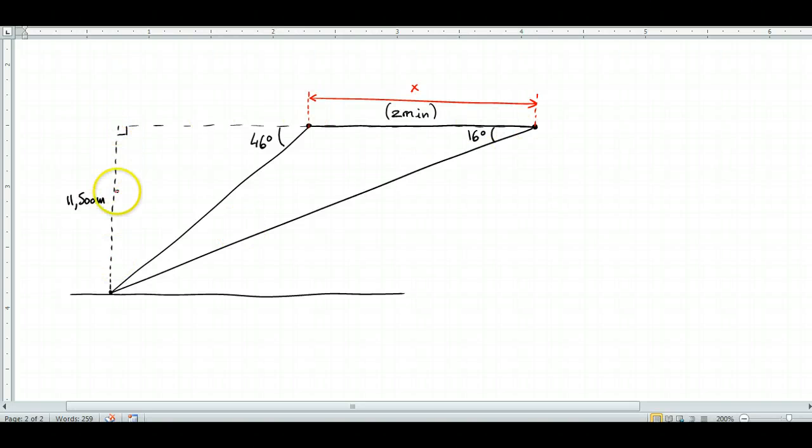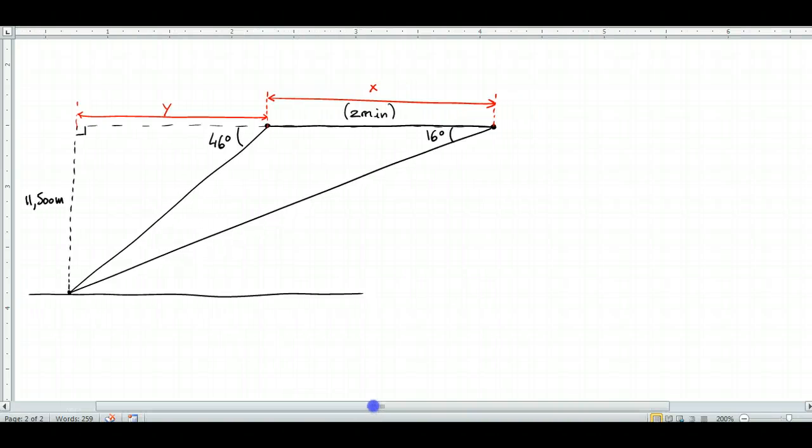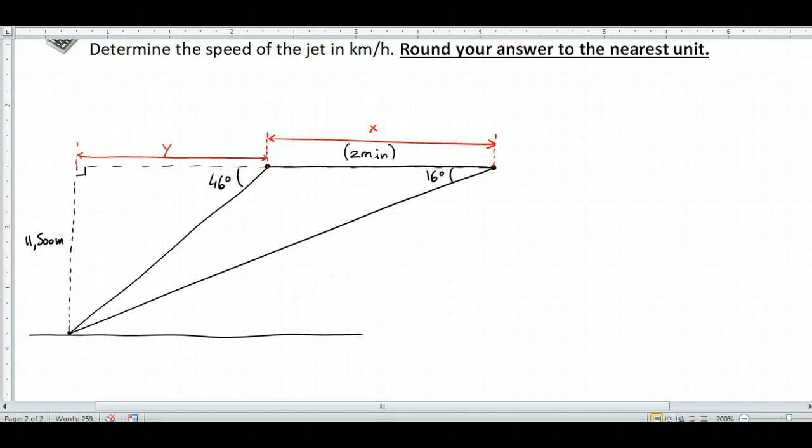This is the opposite side of x, and then I need to consider the adjacent side. Therefore, I also need to name this length right here. Let's call that y. We've seen this kind of problem before, right? Let's start by writing some trig formula.